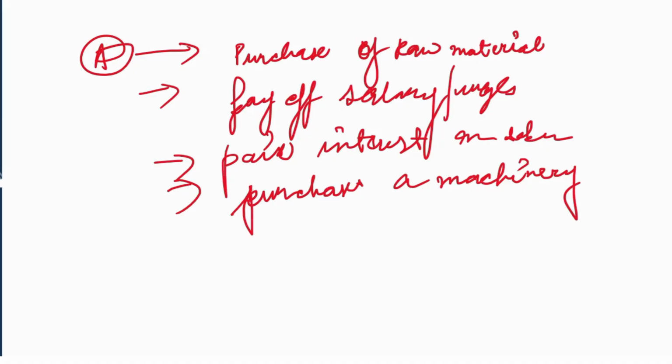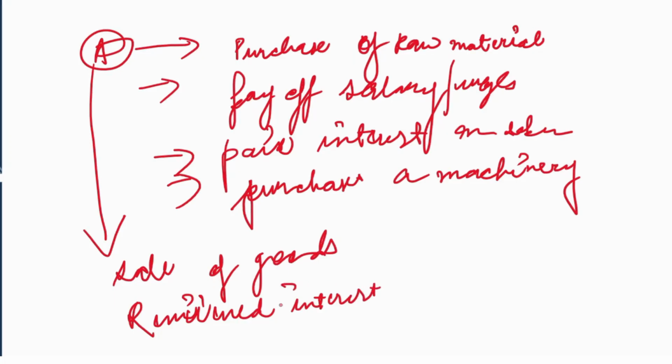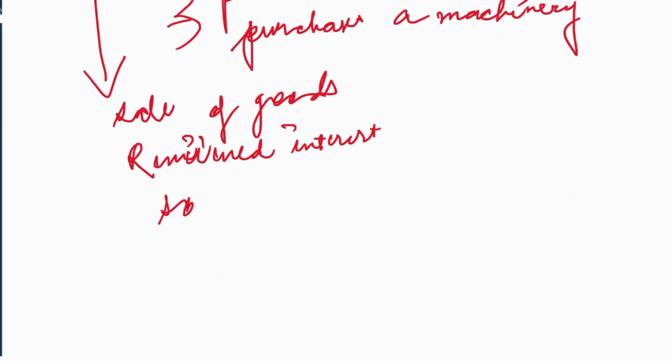All right, now if I take the example of inflows, what could be the inflows? For example, sale of goods, or you have received interest on your investments, or you have sold the machinery and you got something in return.